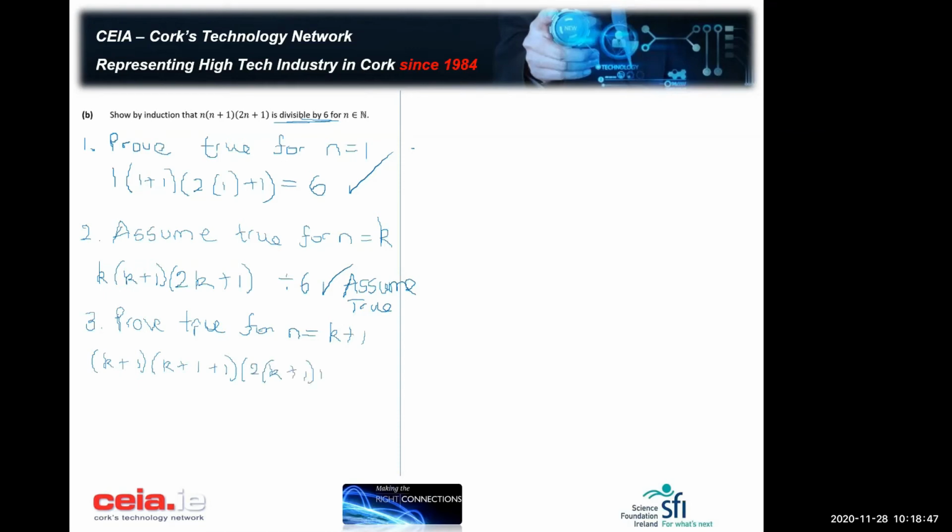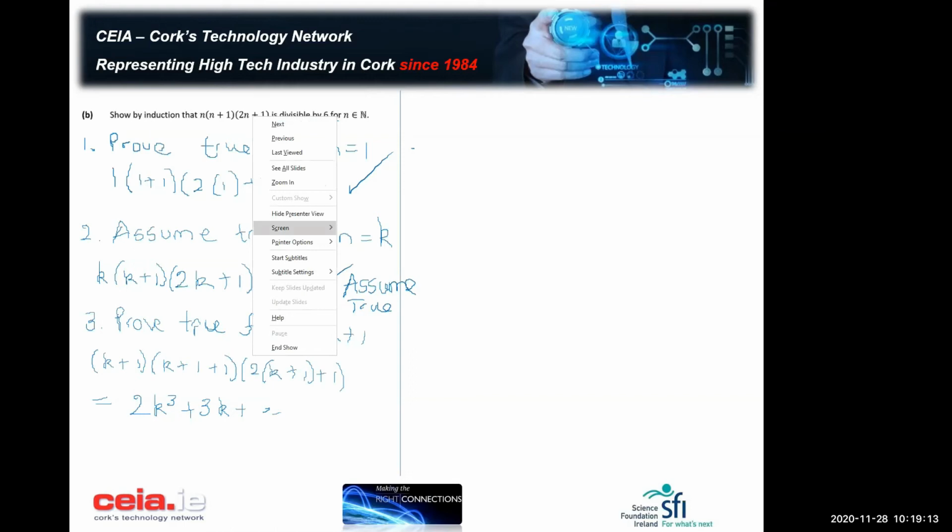And when we multiply all that out, we get 2k cubed plus 3k squared plus k plus 3k squared plus k plus k plus 6k squared plus 12k plus 6.